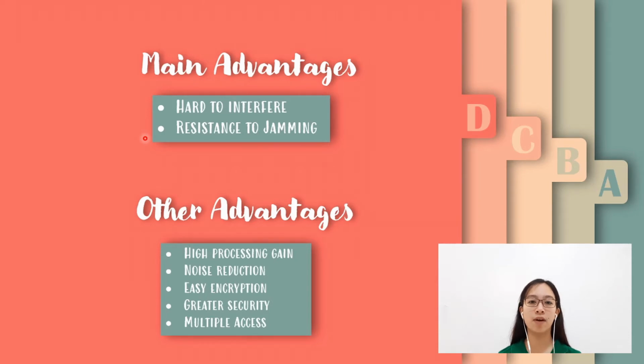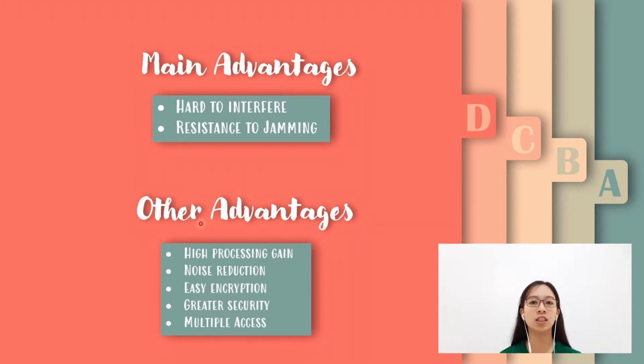This is the main advantage of a spread spectrum technique, which makes the modulated signals hard to interfere with and gives resistance to jamming. Hence, these techniques are used for military purposes and were adopted more recently in commercial wireless communications.